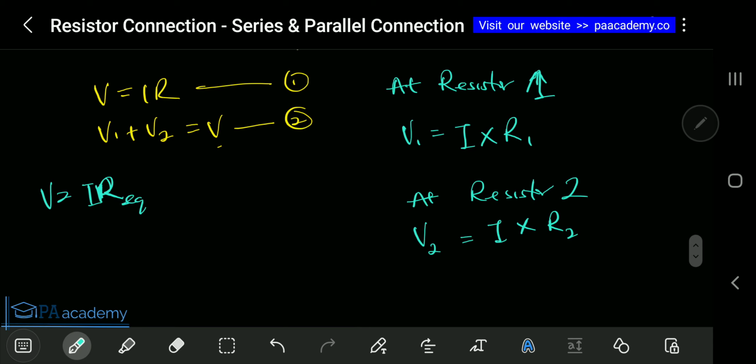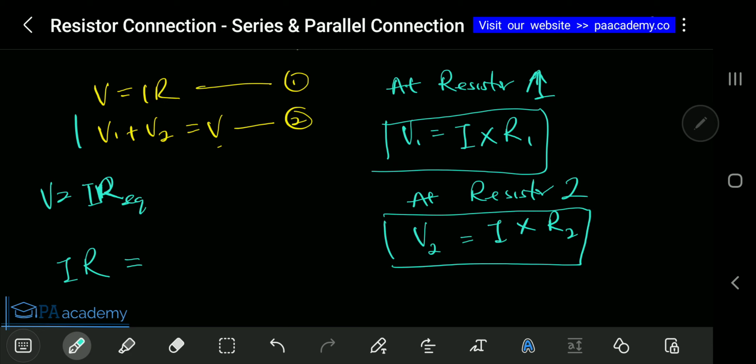So we can say IR equals IR1 plus IR2. If you look at it, since I is common, you can say I into brackets R1 plus R2.